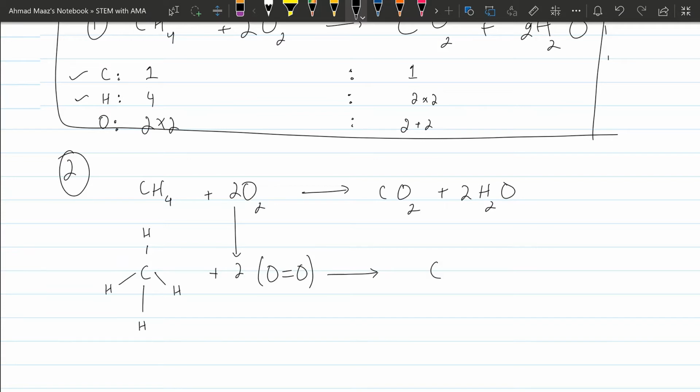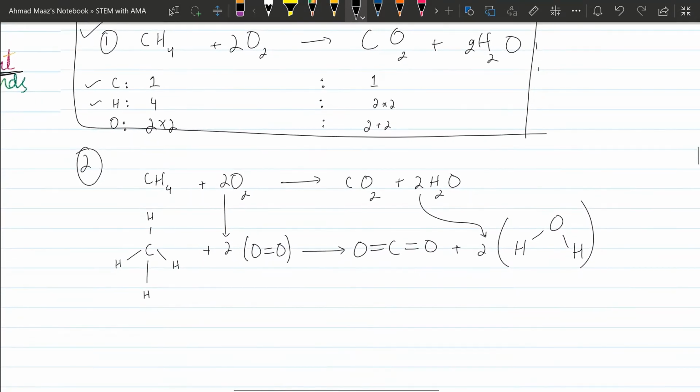And then we have carbon dioxide. Carbon dioxide is like this, a carbon with 2 oxygens. And then we have 2 water molecules. Alright, so that's step 2.